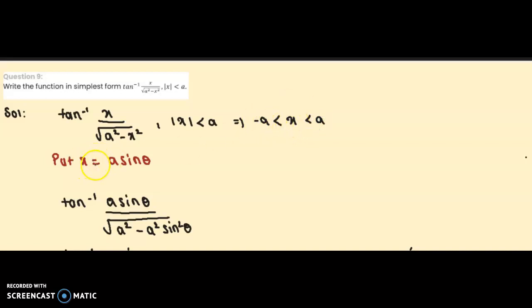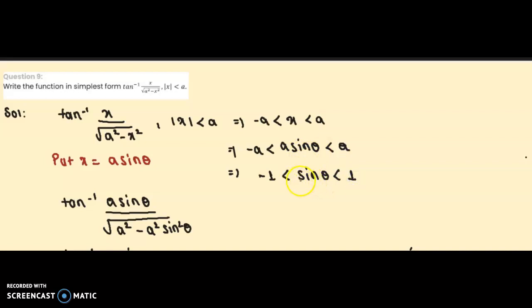Now we have x equal to a sine theta, so in place of x I can write a sine theta. So we get minus a less than a sine theta less than a. If I divide by a throughout, minus a upon a is minus 1, a sine theta upon a is only sine theta, and a upon a is 1.